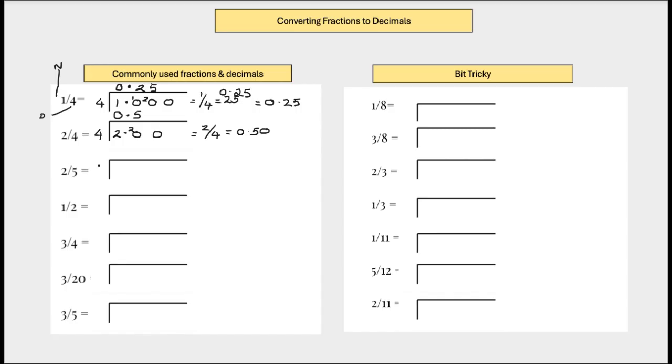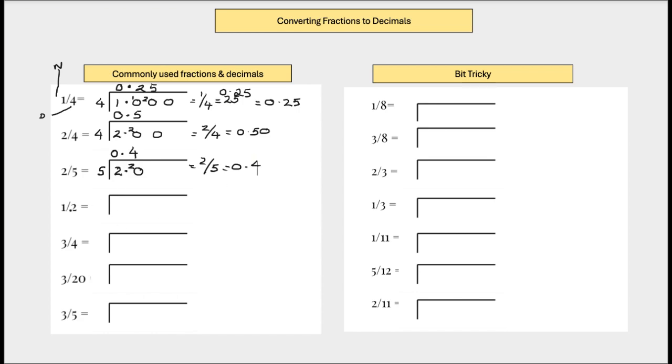So the next one, we have 5 and we have 2. 5 into 2 do not go. Decimal point. Carry a 0. 5's into 20 is 4. So we know that 2/5 equals 0.4.